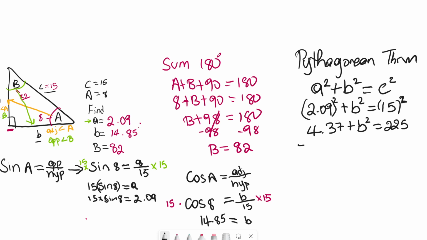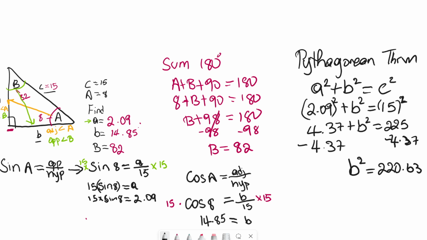So first I'm going to subtract 4.37 from both sides so I can isolate, right? I want to isolate that B squared. And so if I subtract 4.37, I'll have that B squared is equal to 220.63.